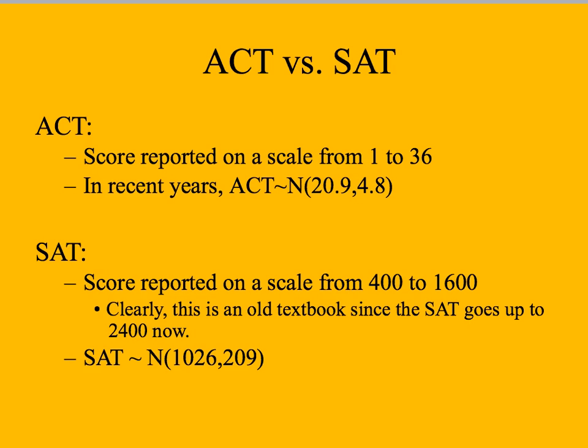The SAT, on the other hand, ranged from 400 to 1600. Now, my textbook is old because the SAT actually now runs to 2400. But at the time, in 2005, the SAT was normal with mean 1026 and standard deviation 209. Let's keep those numbers in the back of our head and see what kind of questions we ask.